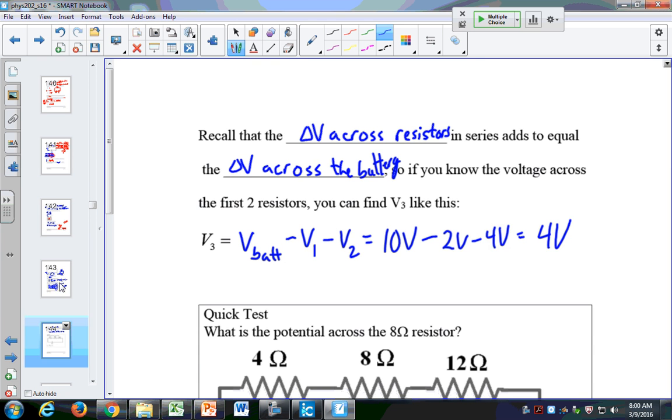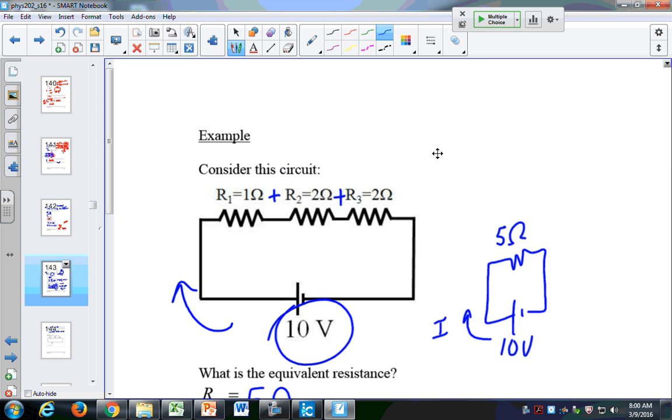Notice if you're pretty good at this, kind of like with the capacitors, you could look at the distributions and notice that I have a voltage across a 1 ohm resistor, a 2 ohm and a 2 ohm. The voltage across this resistor has to be half that of this resistor. That's a little bit different than with capacitors. Remember, with capacitors, Q is equal to CV, so if C was big, that means V was small.